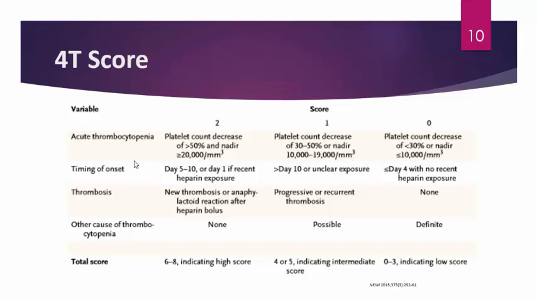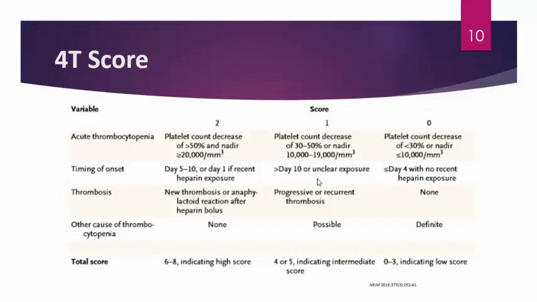In addition, you also have other criteria that you look at. Another thing you look at is timing of onset. So if your thrombocytopenia drop of at least that 50%, or that 30 to 50%, or that less than 30%, occurred within 5 to 10 days, or on day 1 if your patient has a recent heparin exposure, then you get 2 points.